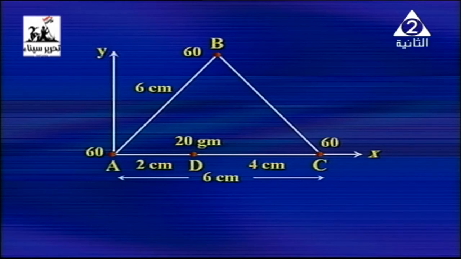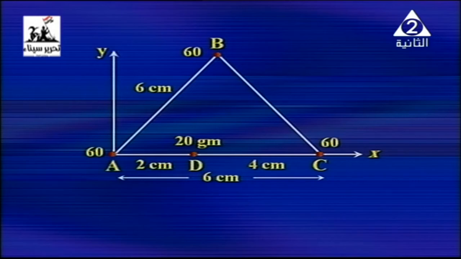We distributed its weight among the 3 vertices A, B, and C. Each mass is 60 gram: 60 gram at A, 60 gram at B, 60 gram at C. Remember, we have 20 gram at a distance of 2 centimeter from A, lying at point D.